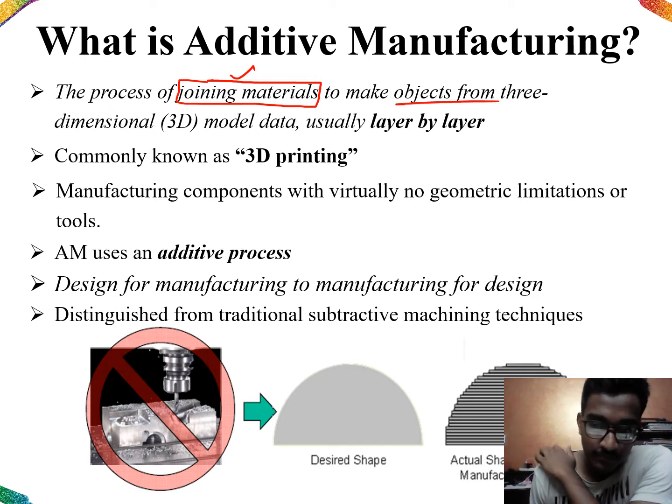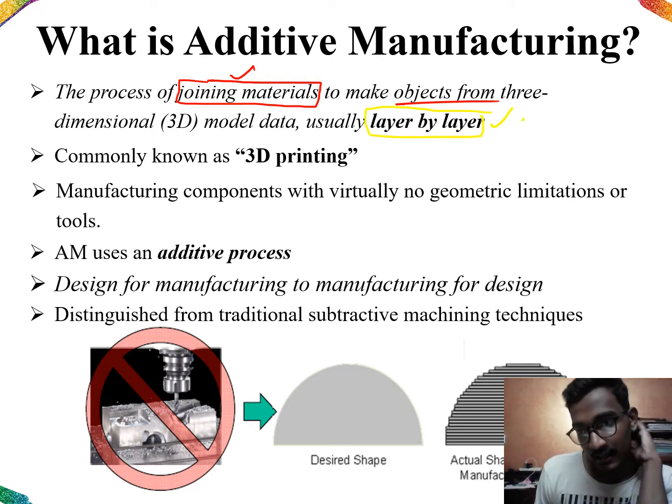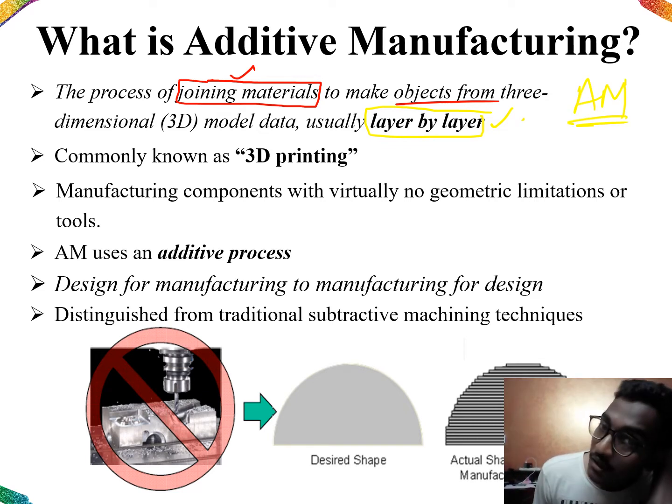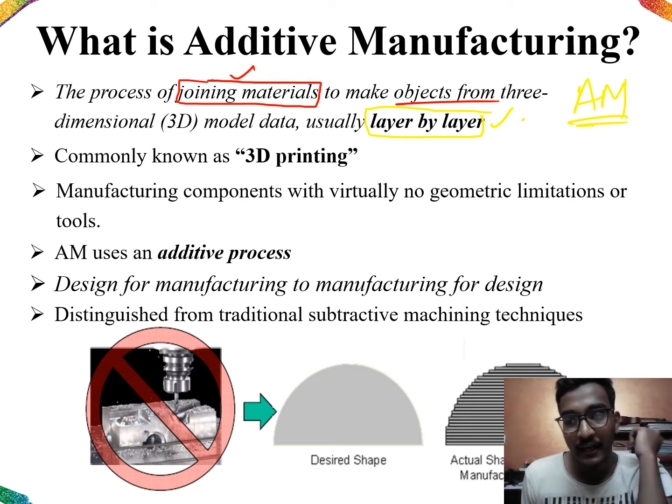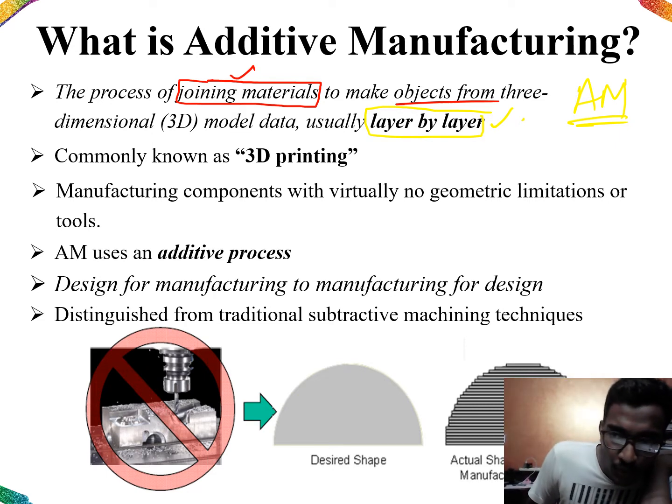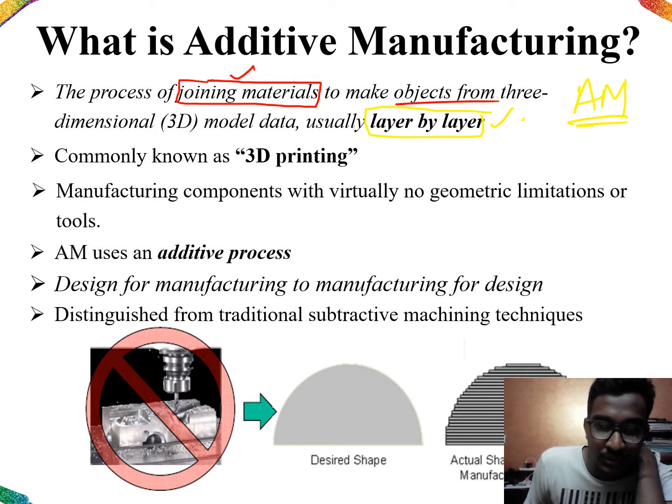It is done layer by layer. That is the main thing in additive manufacturing: layer by layer joining of materials in 3D. It is also called 3D printing, and no geometric limitations or tools are used here.